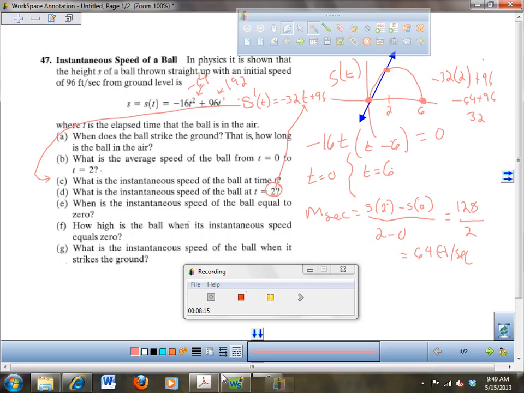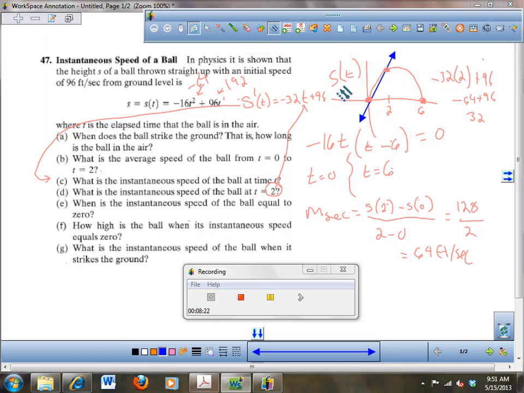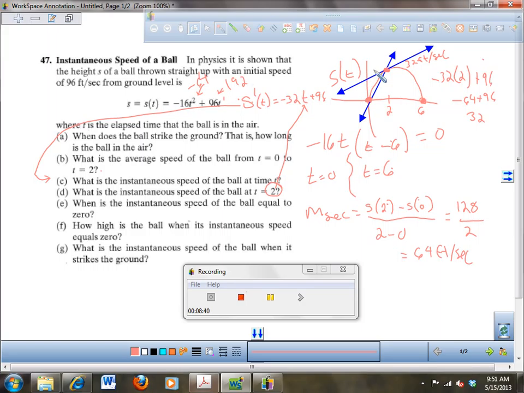Right exactly at t equals 2, the speed of the ball is 32 feet per second, which is the slope of the curve at that point. That makes sense, because what's happening to the ball as it goes higher and higher? It's slowing down. It's launched with an initial speed of 96, but then gravity works against it.